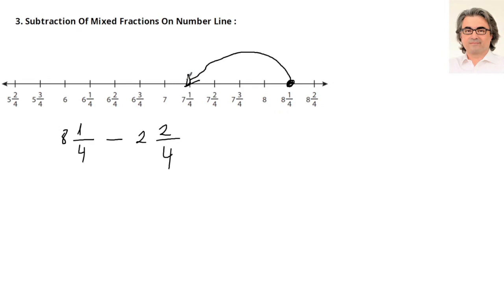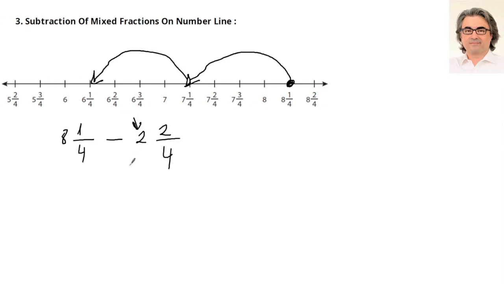After that, again 1 more unit, you will reach 6 and 1 over 4. So I walked to the left of 8 and 1 over 4 within 2 units. This is why I'm going to the left of this number 2 units.